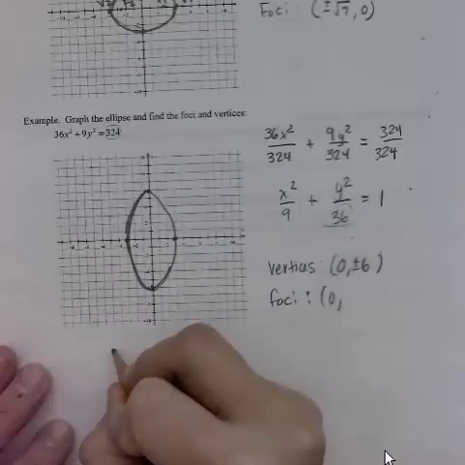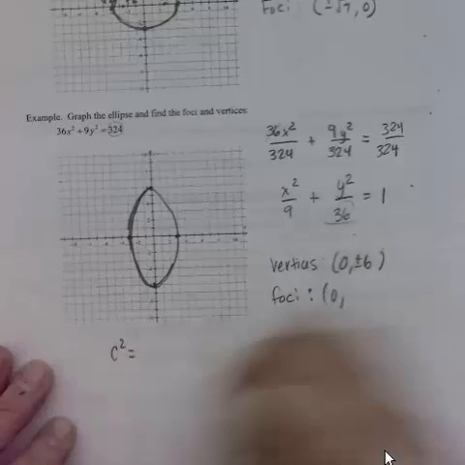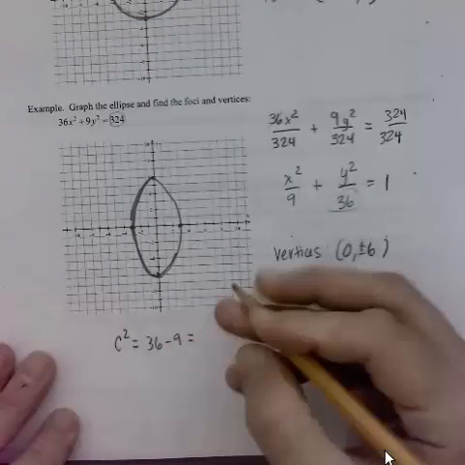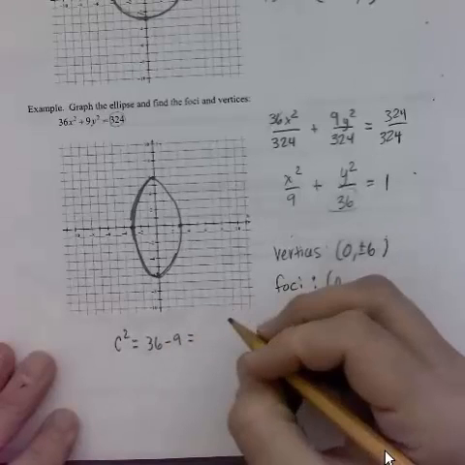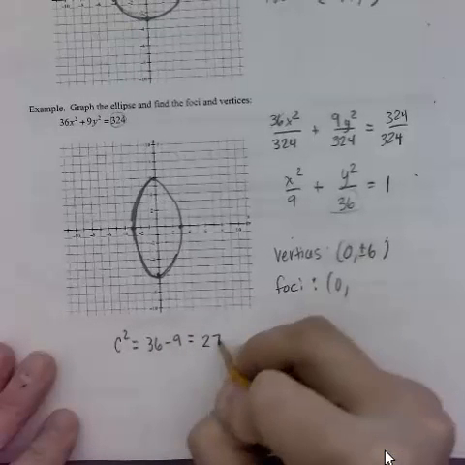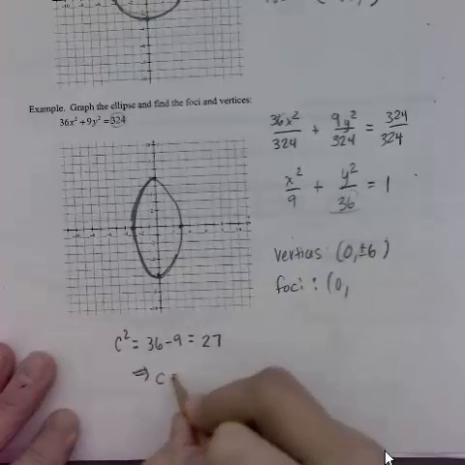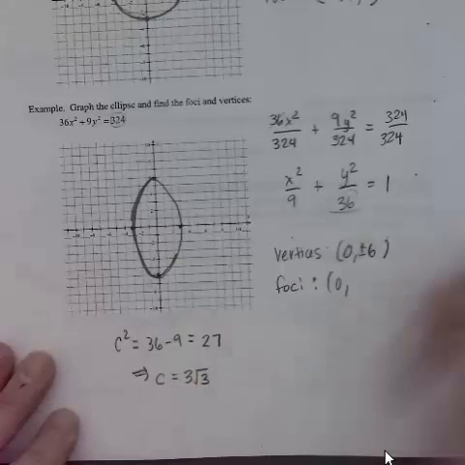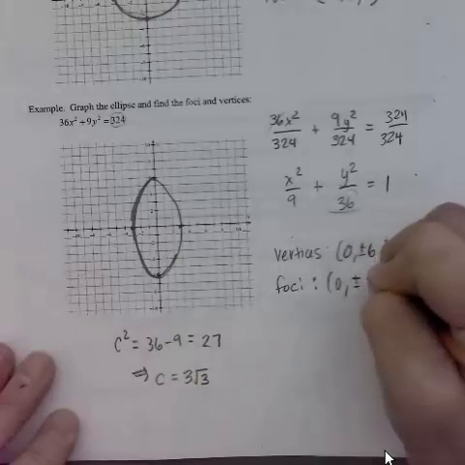C squared would equal 36 minus 9, which is 27. So c is the square root of 27, which is 3 radical 3. And so plus or minus 3 radical 3.